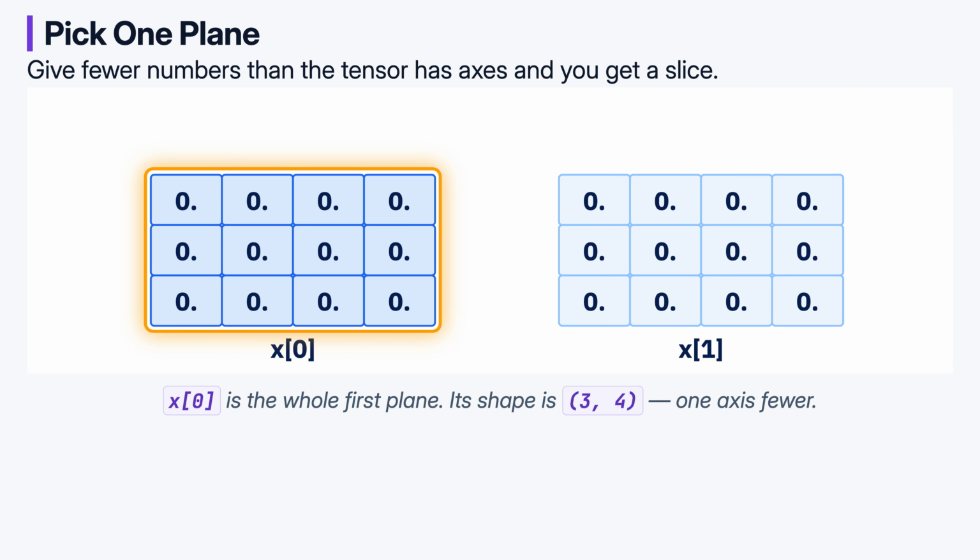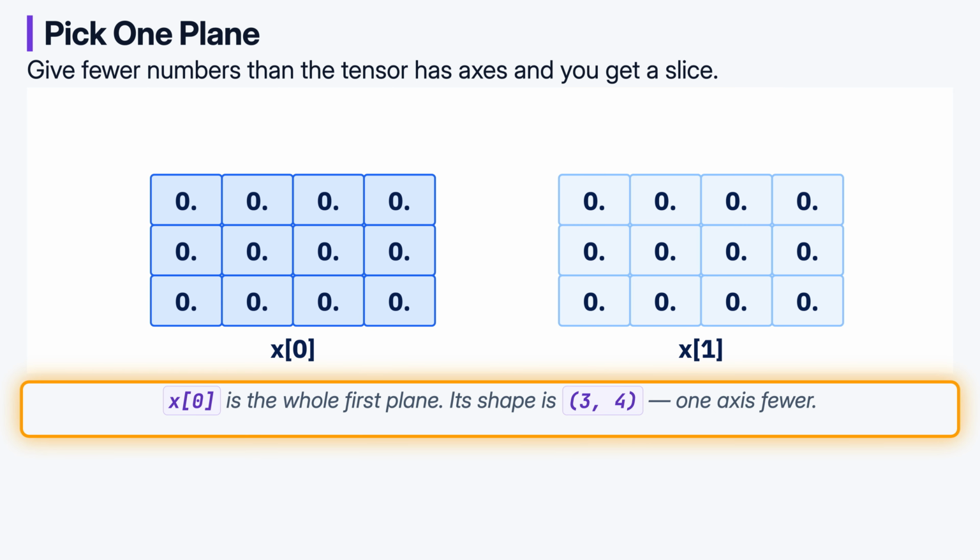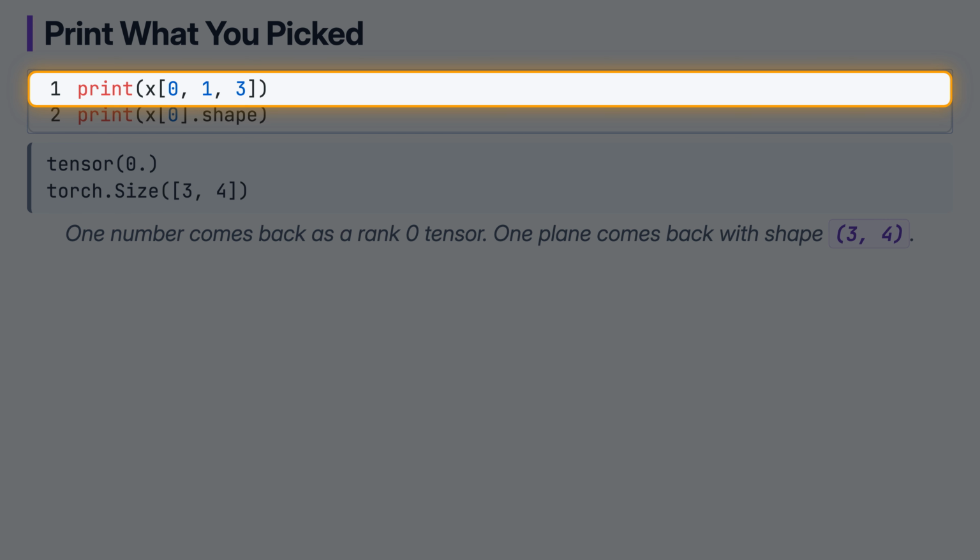Now give just one number. x[0] grabs this whole first plane, all of it. Its shape is 3, 4, one axis fewer than before. Giving one number for an axis drops that axis, so the rank goes down. Let's print both.